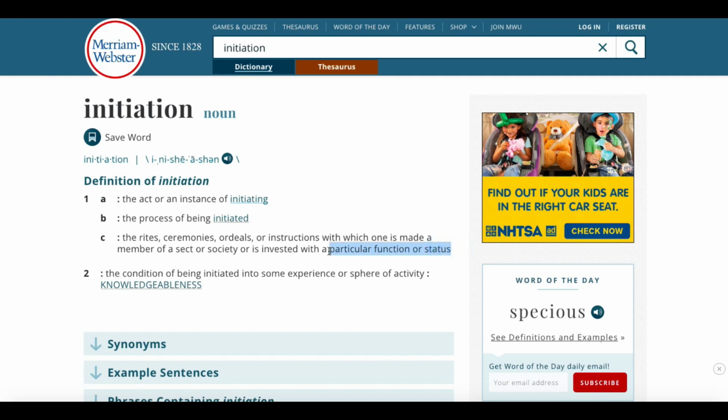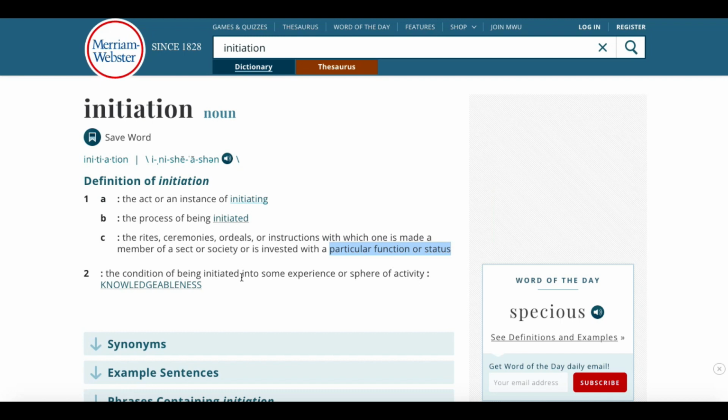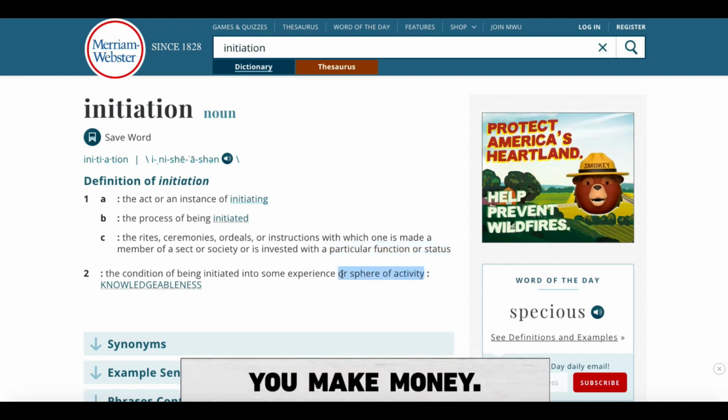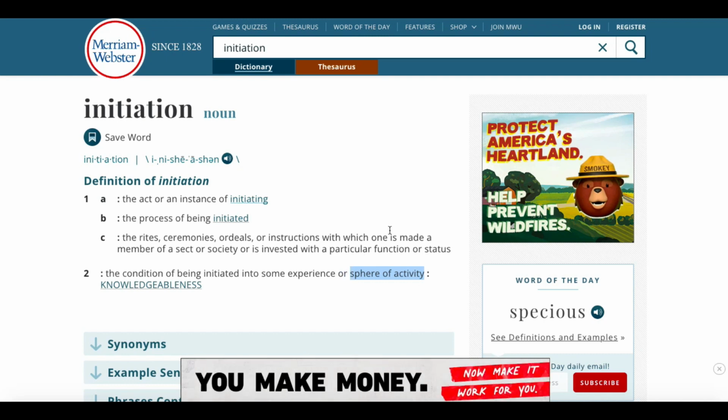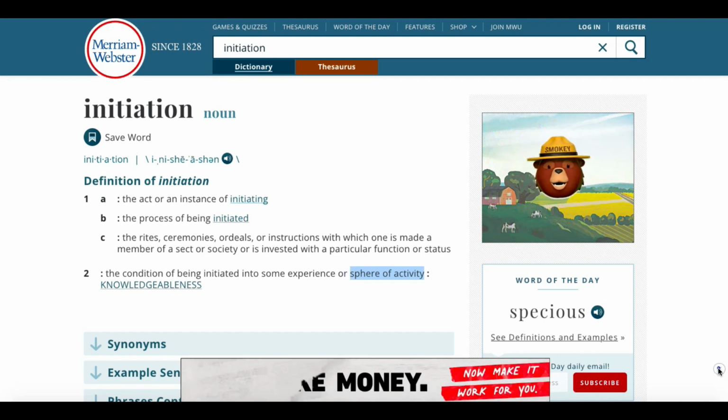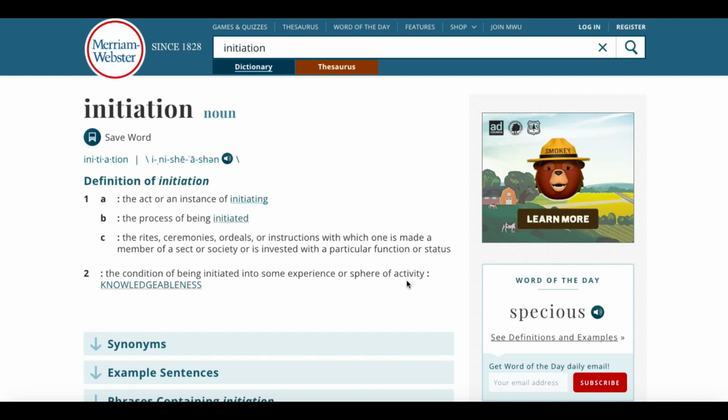This is very important, particular function or status. The condition of being initiated into some experience or sphere of activity. What is a magnetic field if not a sphere of activity? You see how this sounds pretty crazy, but it is, in fact, what's happening. The abstract, the unmanifest, is becoming manifest by the power of the magic of the Creator.